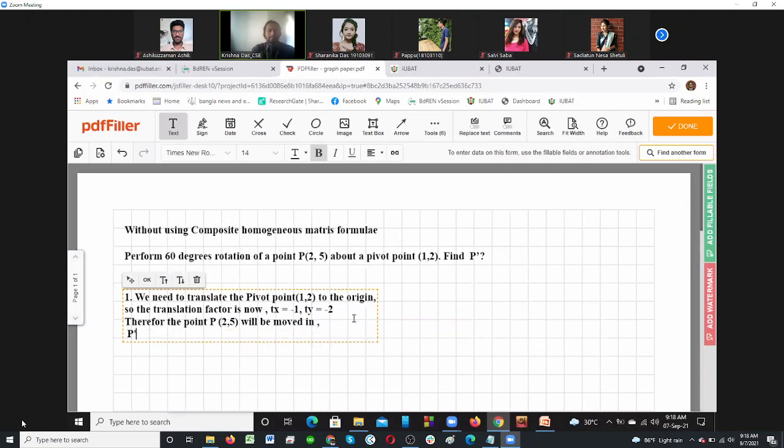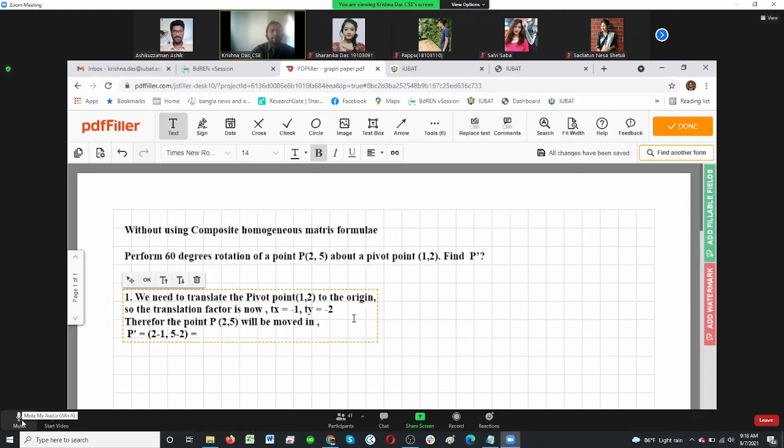P prime is 2 minus 1, applying that tx and ty factor, and 5 minus 2, right? Yes, sir. That becomes 1 and 3.